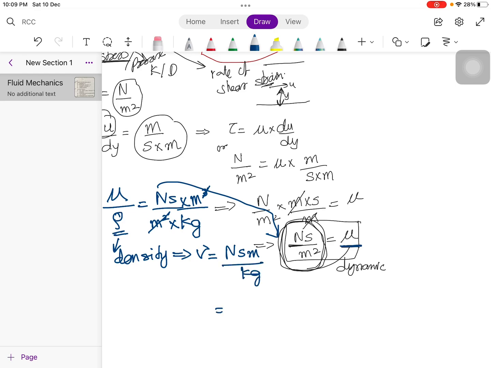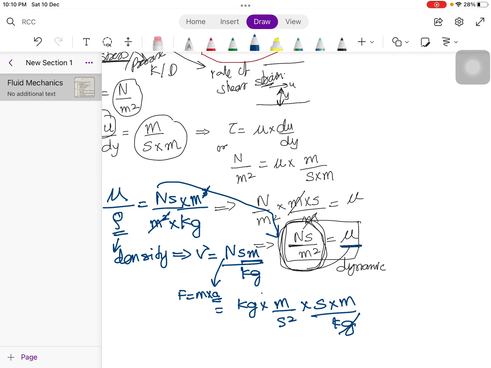Now Newton is force. Force is mass times acceleration, which is kilogram times meter per second square, times second times meter in the original equation upon kilograms.